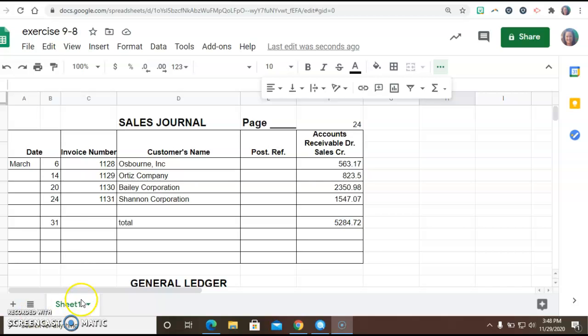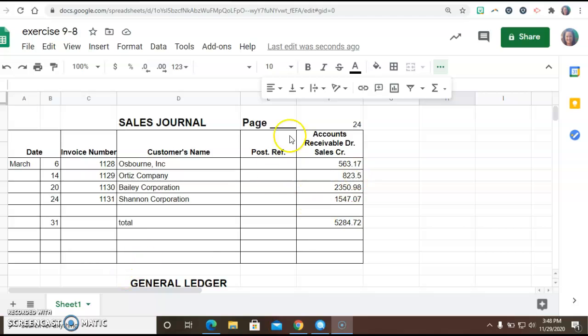So now that you guys have done the sales journal portion of it along with me, your assignment is to complete exercise 9-10, just the sales journal at the top. So it'll be page 334 in your worksheet, and then just flip the page and it's on page 408 in your textbook.